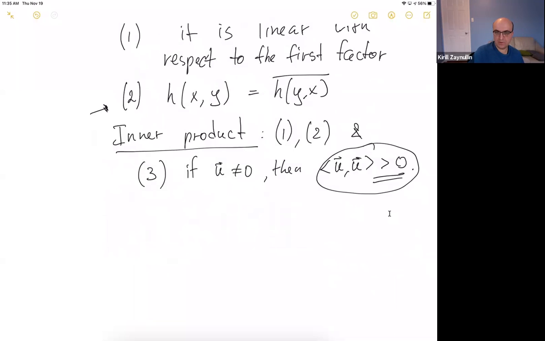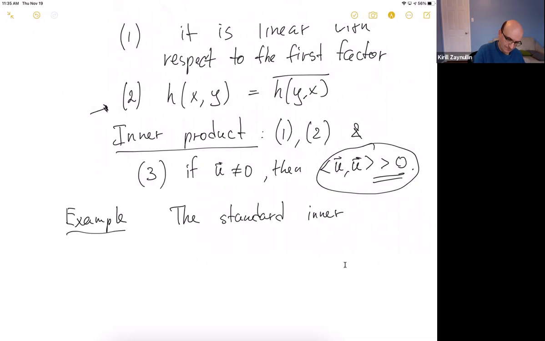And last time we introduced several examples of Hermitian forms, and also a couple of examples of inner products. So let me mention it again. There is a very basic and motivating example of the inner product, namely the standard inner product. Let me remind you what this is.